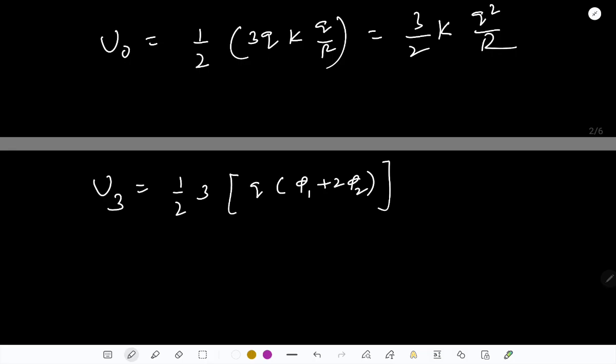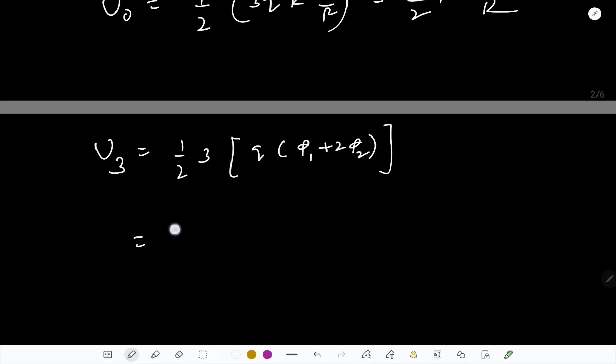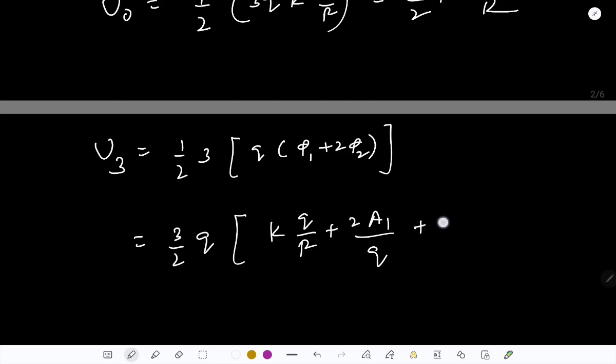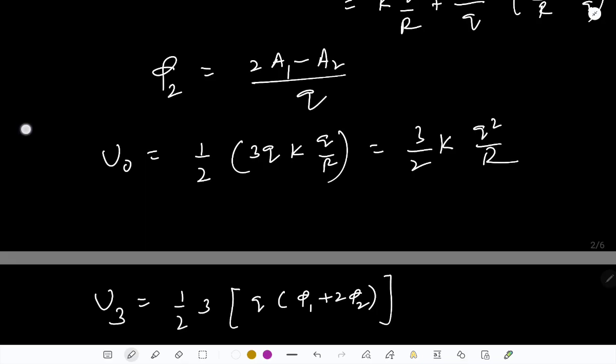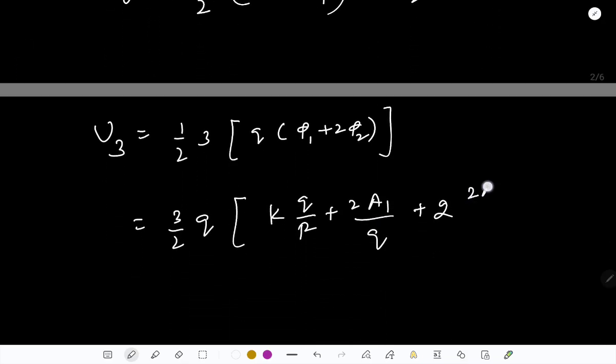I guess this is the final electrostatic energy of the system, and you can write the values of phi 1 and phi 2. You can take 3 by 2 q out, and phi 1 was kq by r plus 2a1 by q, and 2 phi 2 was 2 times 2a1 minus a2 by q, and you can solve them.